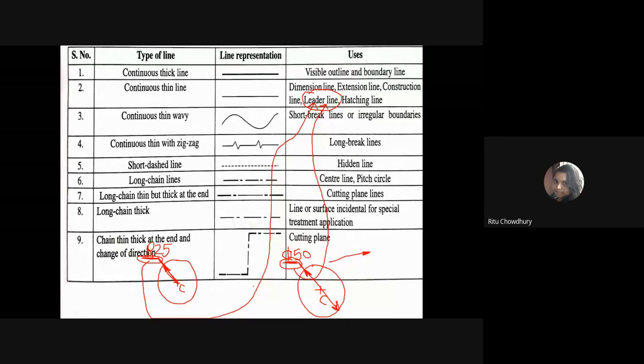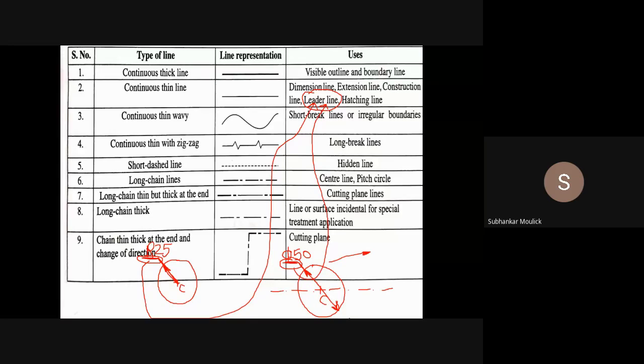Sir, here the central line is in solid line. Why is it not in the long chain line? See, this is the center line of the circle, a dash dot dash dot dash line.